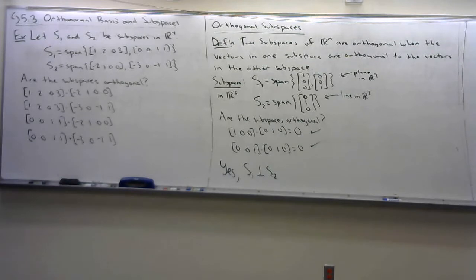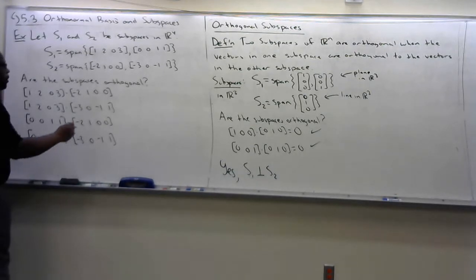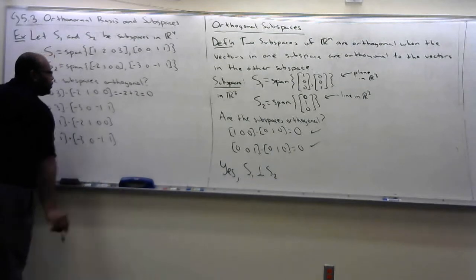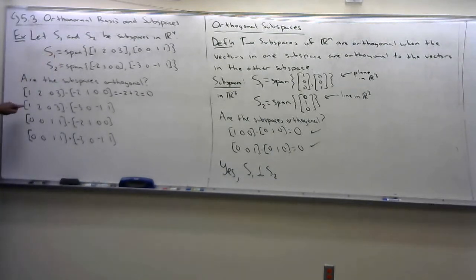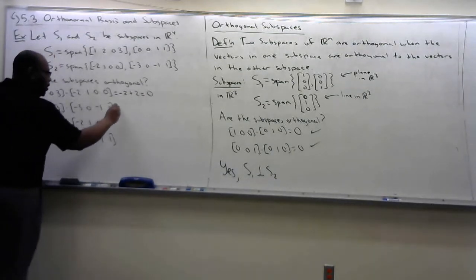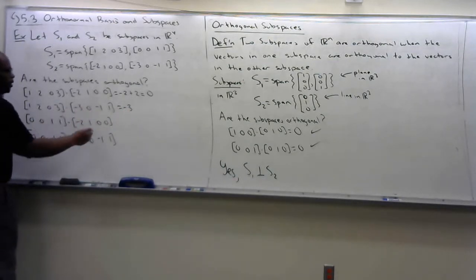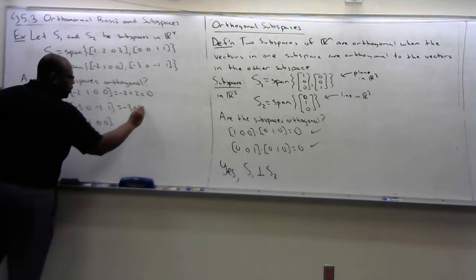So when I take the dot product of each one of these, I'm a little bit scared now. Does it work out? I don't know. If I do this one, I get -2 plus 2, equal to 0. Oh, that's good. The next one, I get -3 plus 0 plus 0 plus 3. That's 0.